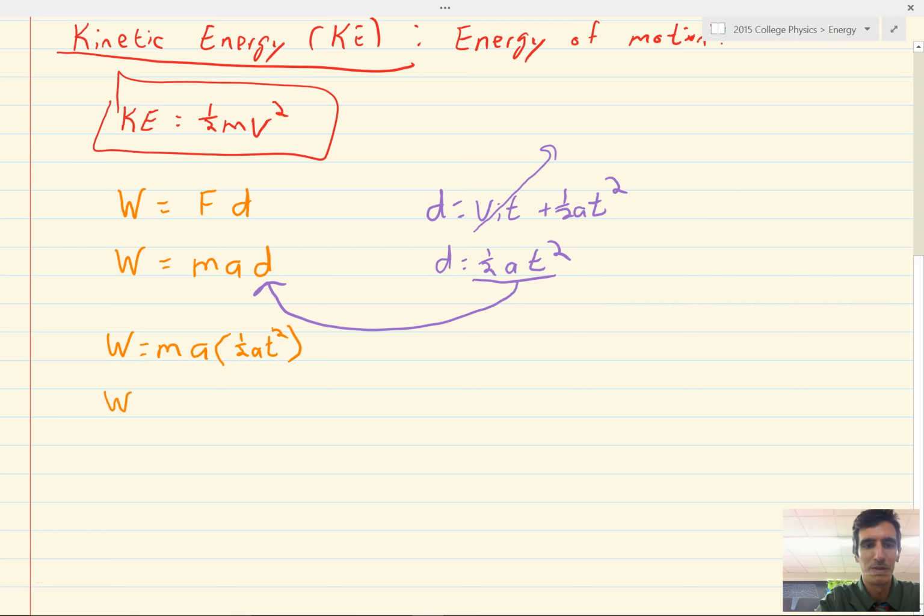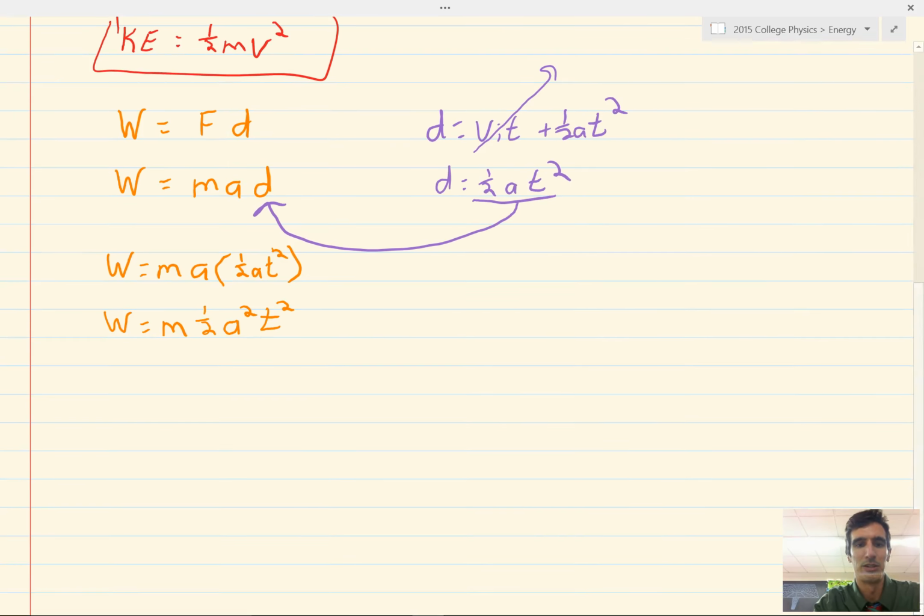So now we have W equals m, let's put the 1/2, it doesn't matter, m times 1/2. a times a is a squared, and then t squared. And we'll reorganize this a little bit. Work is equal to 1/2 m a squared t squared.